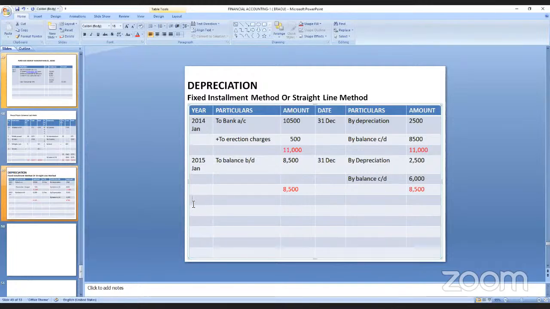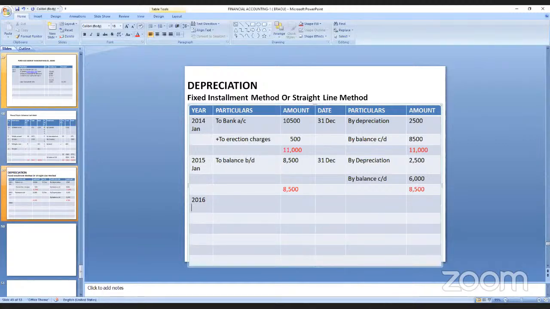Now you got it? Then how many years did they ask? 4 years. 2016 January. So here the closing balance is 6,000. Opening balance, to balance brought down.